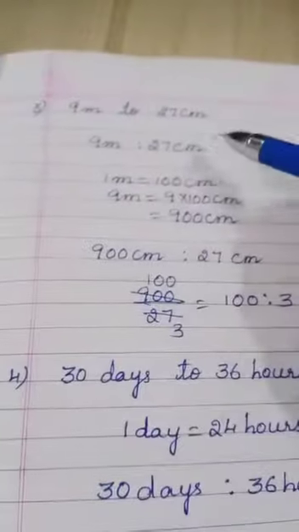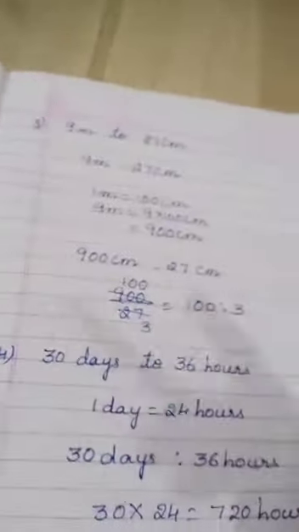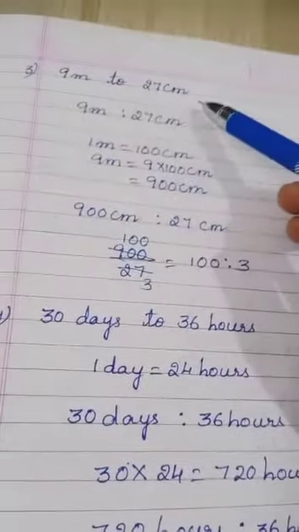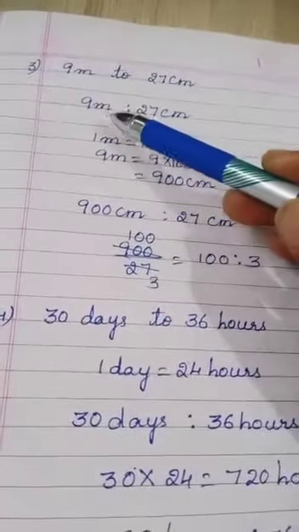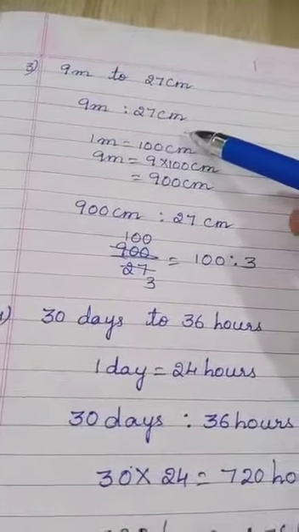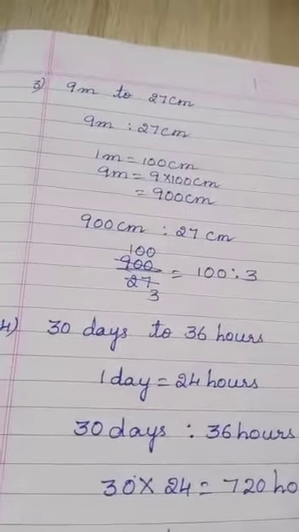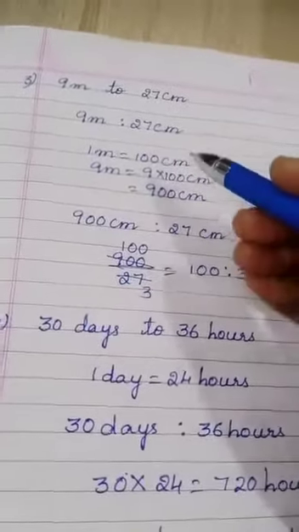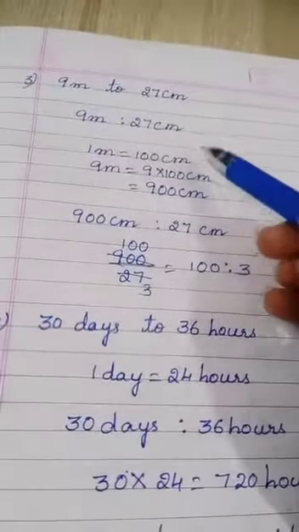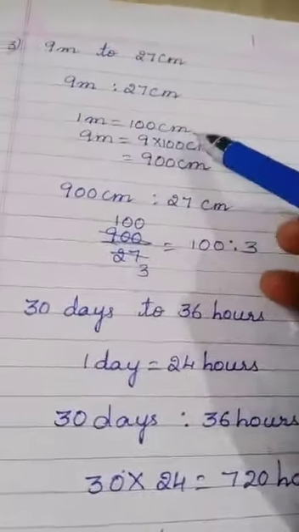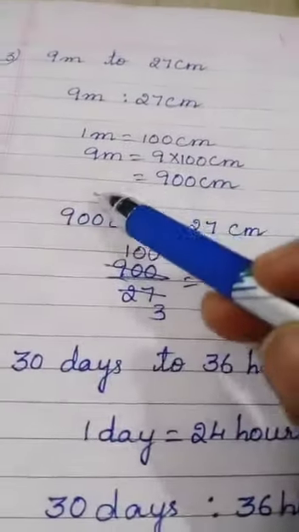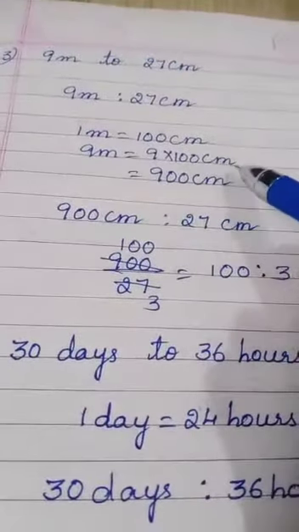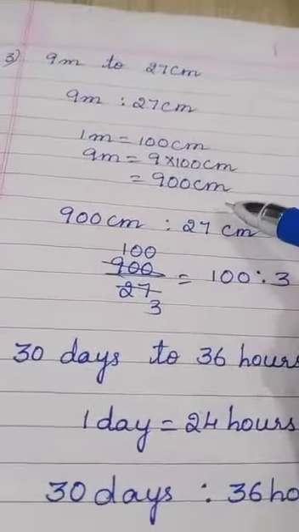In the same way, if we see the next one, 9 meters to 27 centimeters. So here meters and centimeters. Which one can we change here, children? We can change meters to centimeters. So 1 meter is equal to 100 centimeters. So what about 9 meters? 9 into 100 centimeters, that is 900 centimeters.